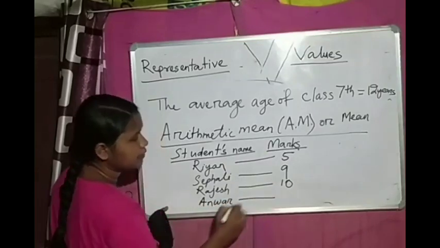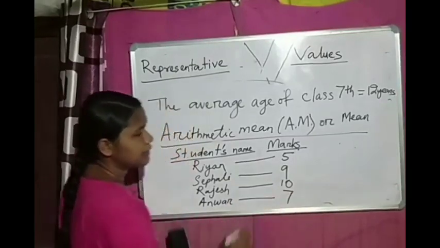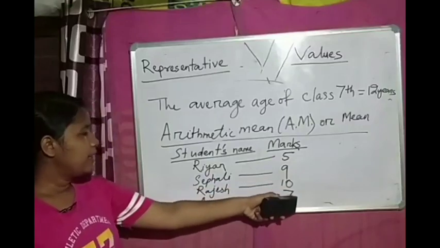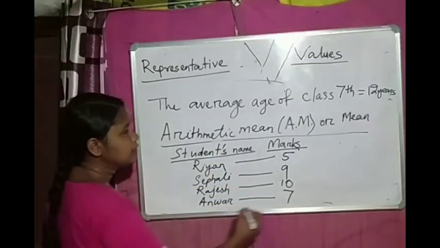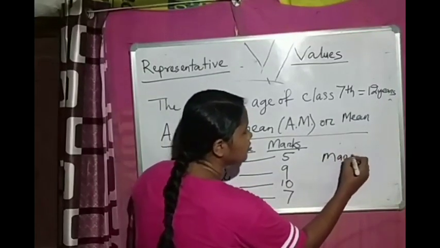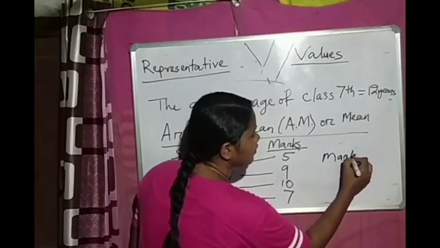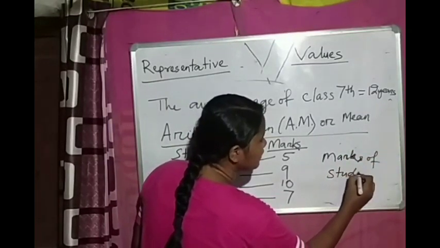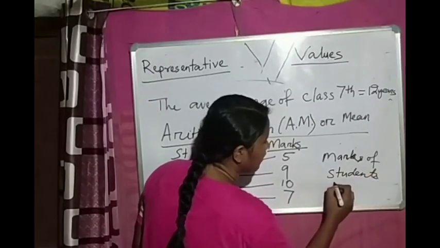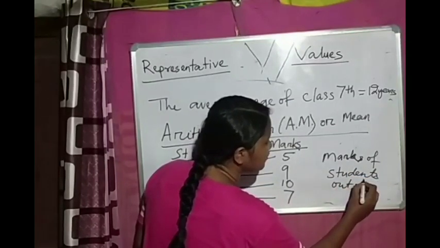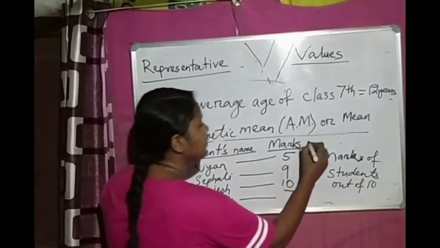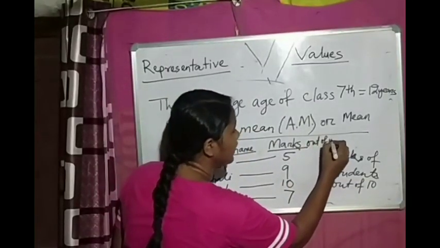Anwar got 7 marks. So this is what? A collection of marks of students out of 10.